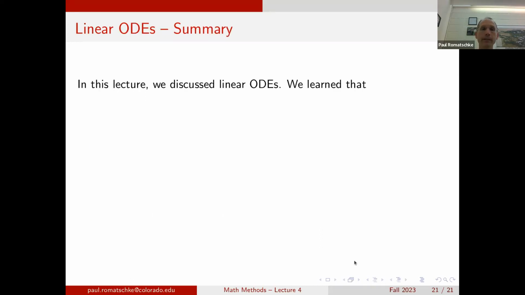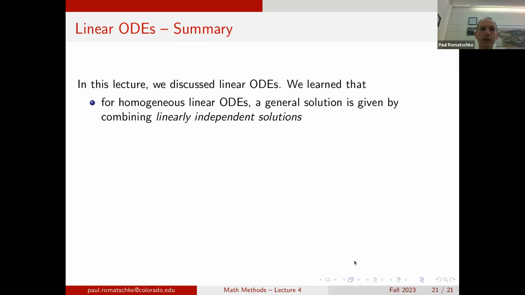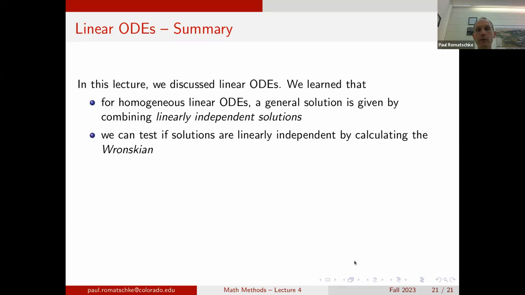To summarize, in these lectures we discussed linear ordinary differential equations, and we learned that for homogeneous linear ODEs, a general solution is given by combining linearly independent solutions. We learned that we can test if solutions are linearly independent by calculating the Wronskian.